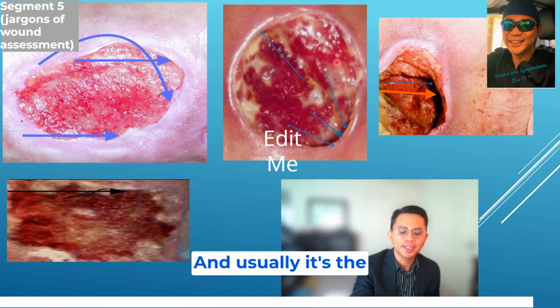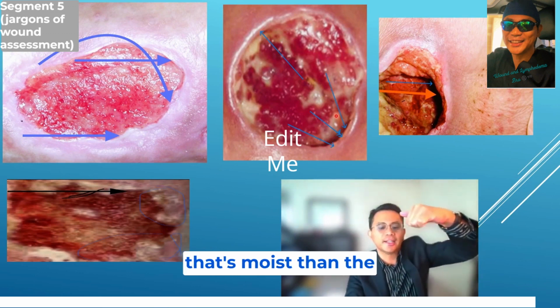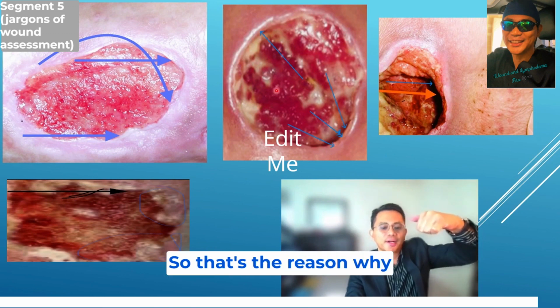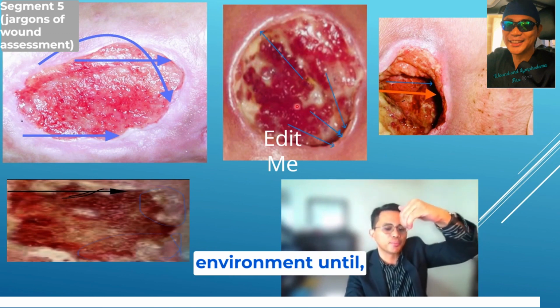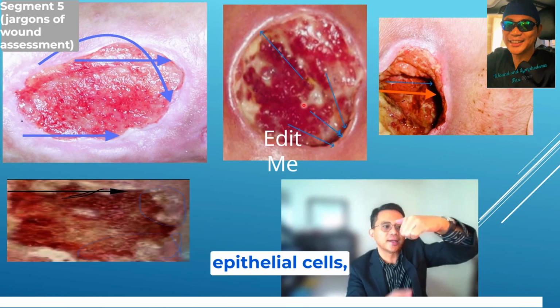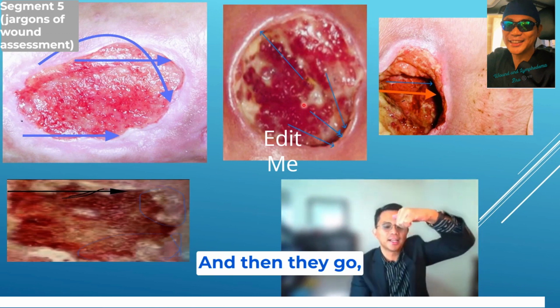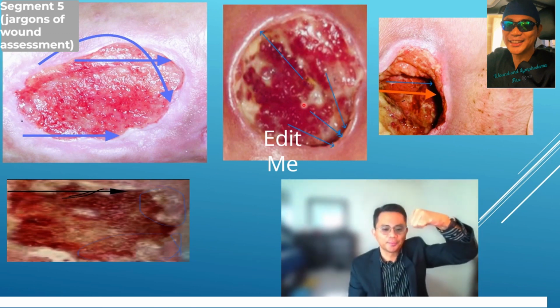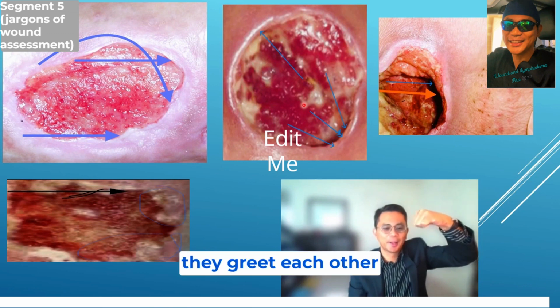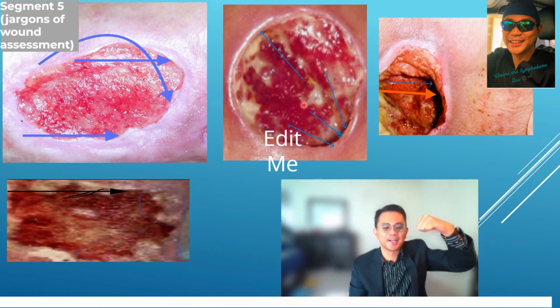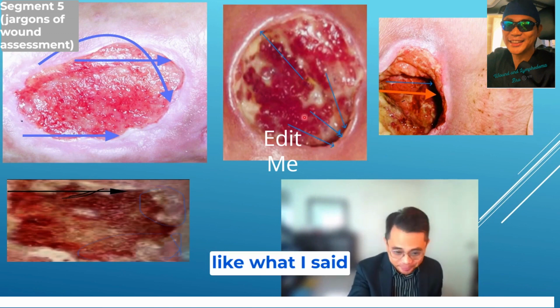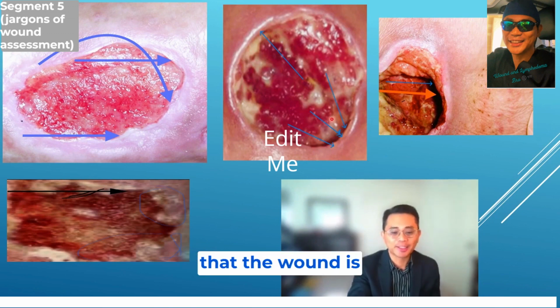Usually it's the inside environment that's moist rather than the outside environment. This is the reason why they follow that moist environment until they meet other epithelial cells inside, and then they go hello. They greet each other, and then they stop migration. Like I said earlier, the body would think that the wound is already closed. So this needs to be managed.